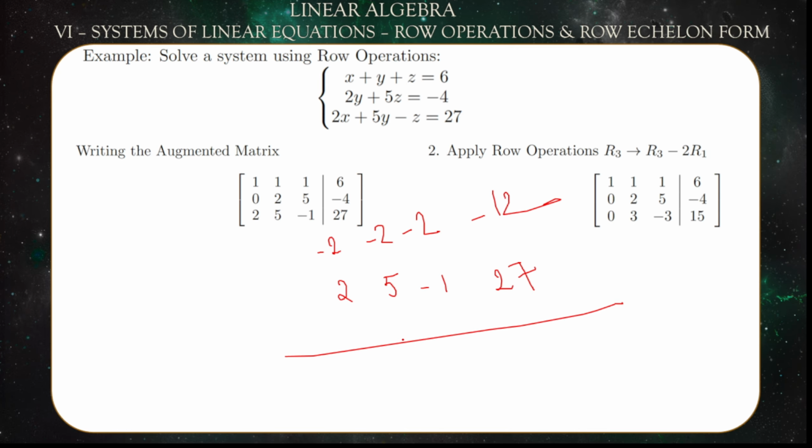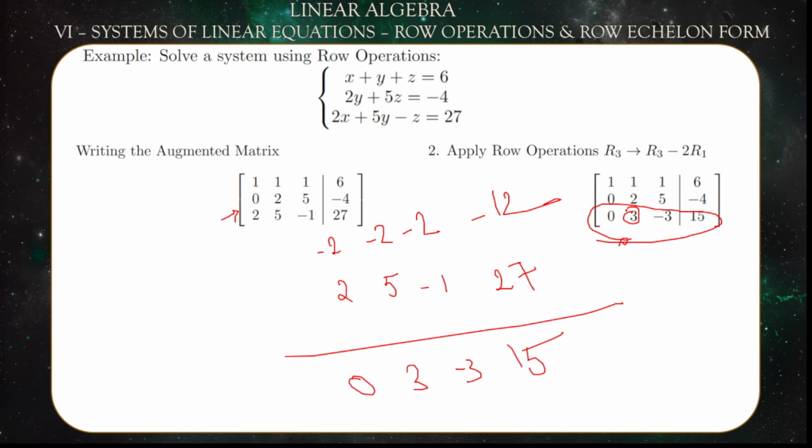Let us add them together and we place this line back in the third row, R3. So you have 0, 3, minus 3, 15, so far.